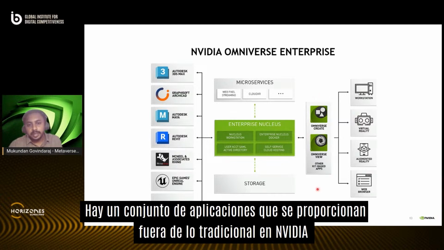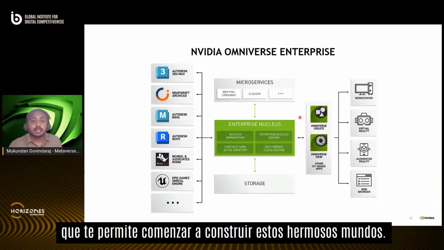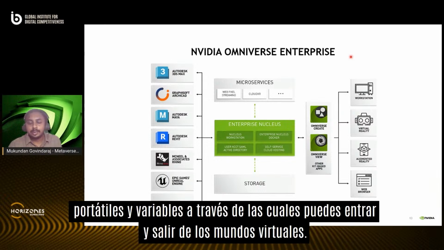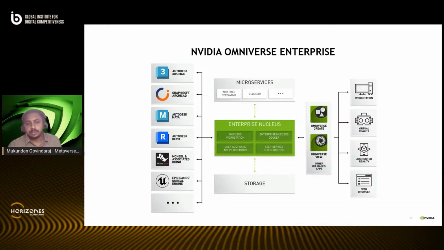Plus, there is a suite of applications provided out of the box from NVIDIA, which lets you start building these beautiful worlds and review them. And finally, you have the user interface, the end user application, which runs on workstations, laptops, and wearables, through which you can portal in and out of the virtual worlds.